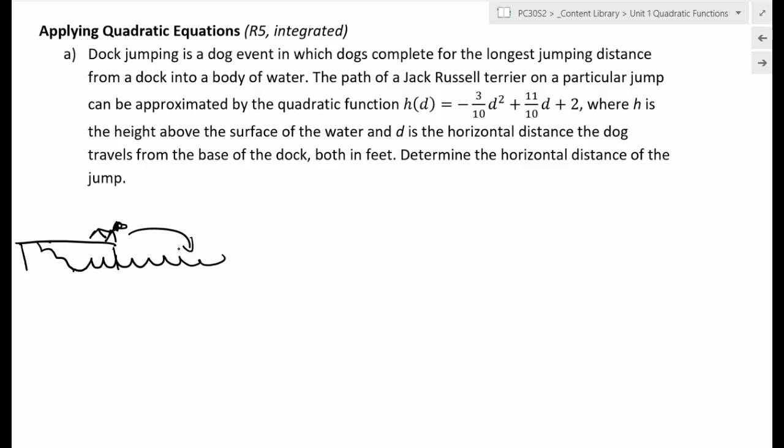Okay, so I always like drawing pictures when I deal with word problems. It's just a personal preference. Feel free to draw, feel free not to draw, whatever helps you most. So the path of a Jack Russell Terrier, this is just a type of dog, on a particular jump can be approximated by the function. Okay, so that means that this is just representing.